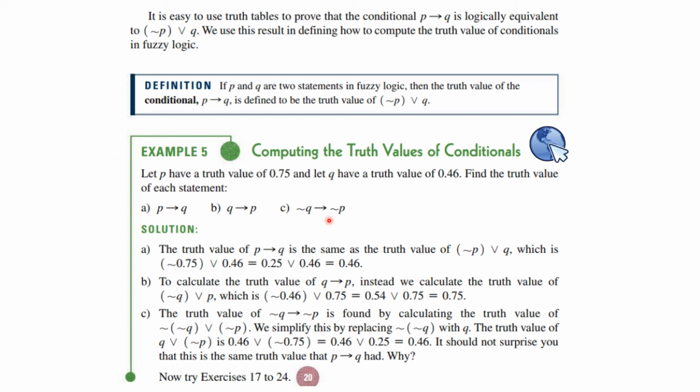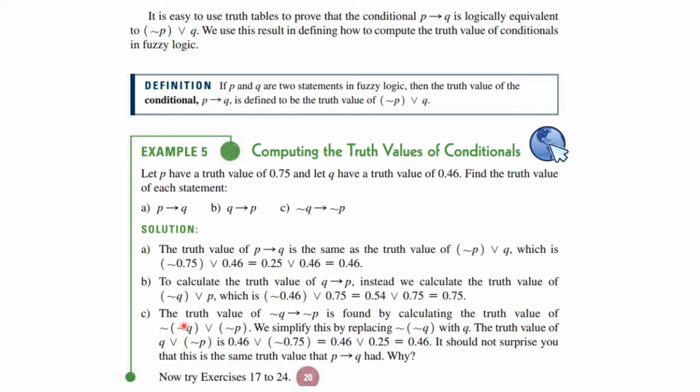Now one way to deal with this is we actually know that this statement was logically equivalent to if P then Q by previous things we did, so it should have the same truth value. That should not surprise you, because these two statements were proven to be logically equivalent. The contrapositive has the same truth value as the initial conditional.